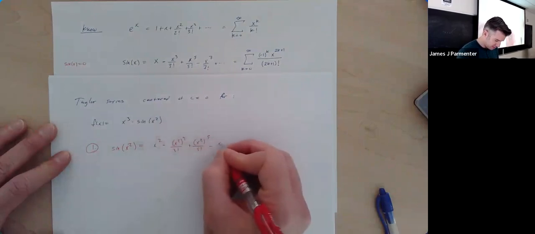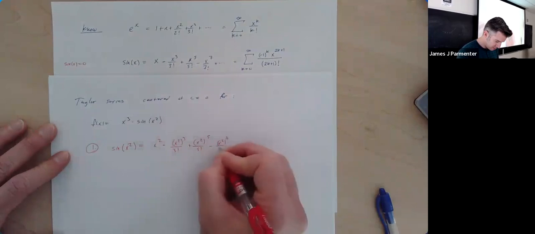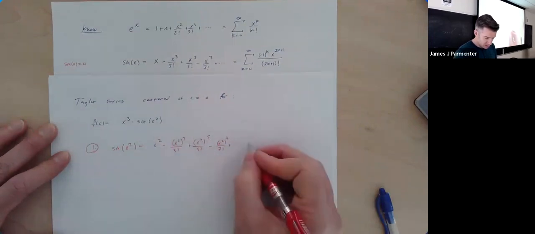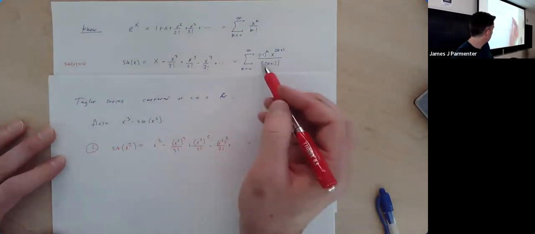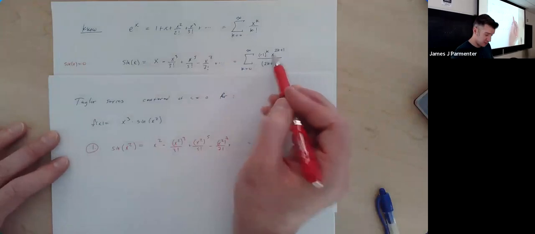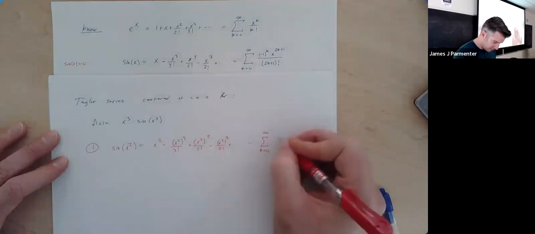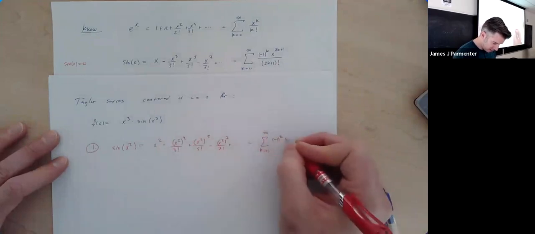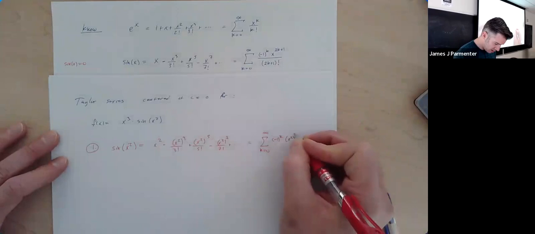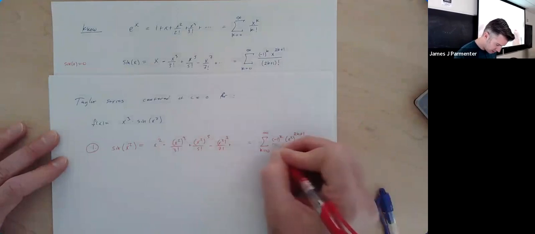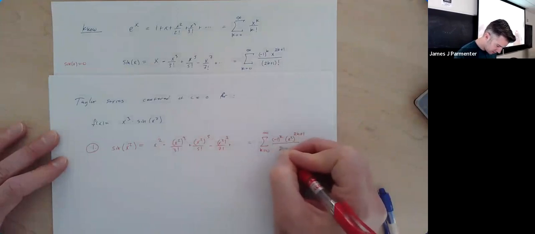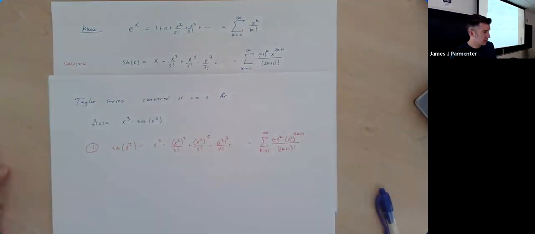Which we can write in pattern as the sum from k equals 0 to infinity of -1 to the k times x squared to the 2k plus 1 over 2k plus 1 factorial. I'm really just replacing x with x squared.